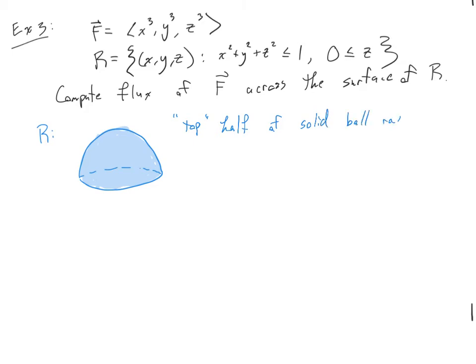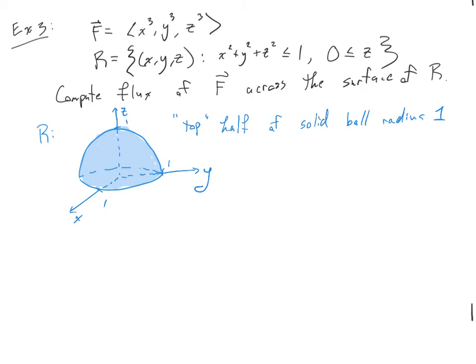And the ball has radius 1. So if I were to draw axes, here's the origin. Here's the x-axis. Here's the y-axis, and here's the positive z-axis. And all of those are 1.